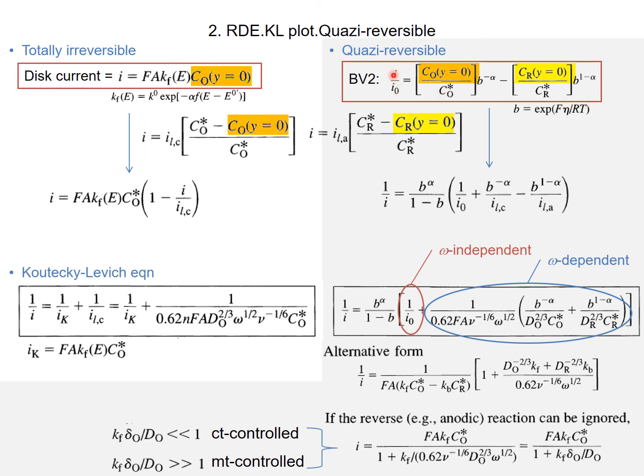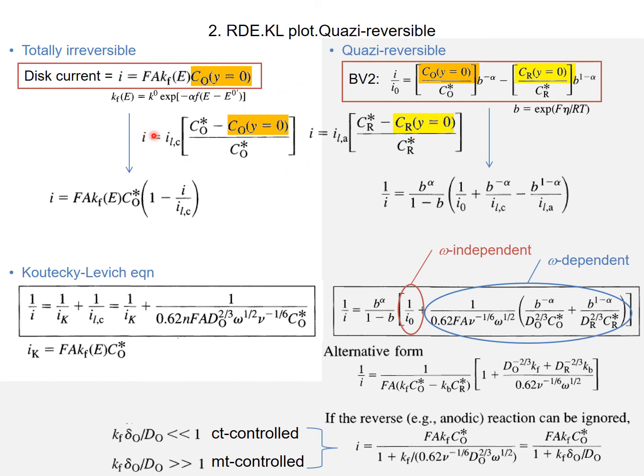The ratio of current to the exchange current is the forward reaction minus the backward reaction. Each reaction term has the surface concentration of oxidized species and reduced species. And also we have two more equations.